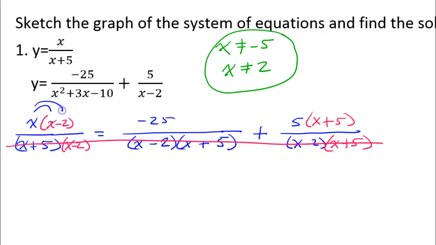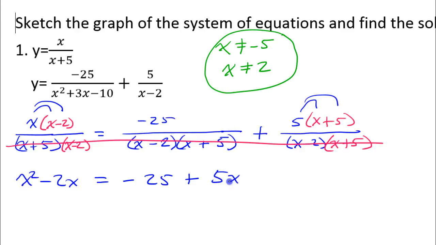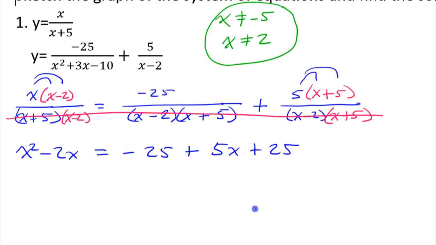I'm going to go ahead and distribute this. So that's x squared minus 2x is equal to negative 25 plus, and I'm going to distribute this as well, 5x plus 25. So it's just a matter of solving this. So I've got x squared minus 2x is equal to 5x.